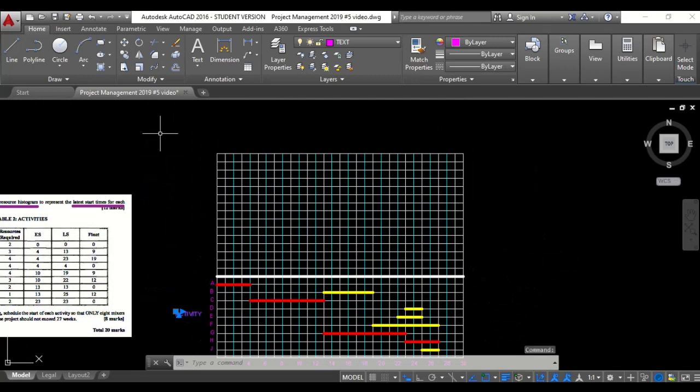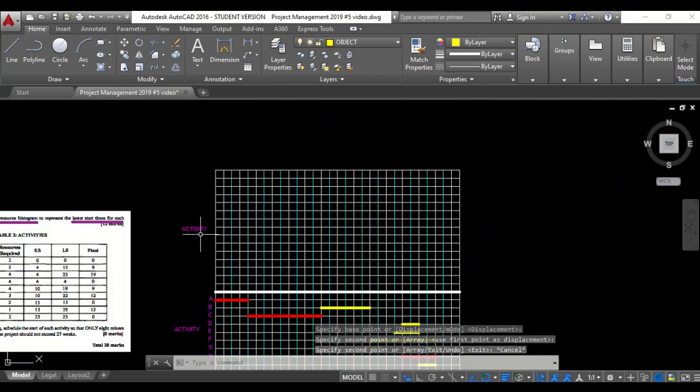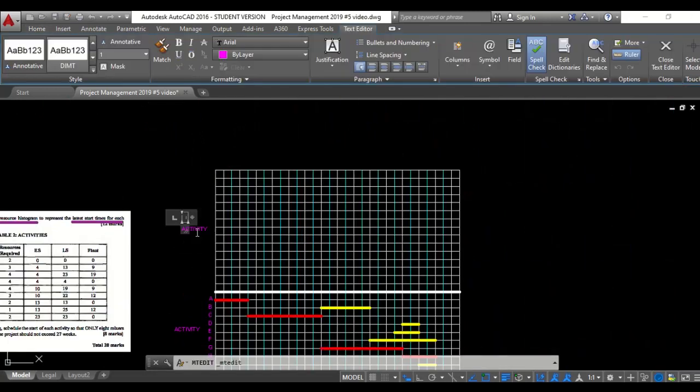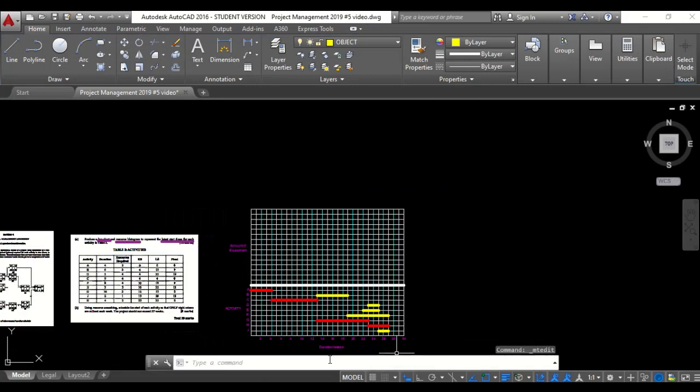So now for our histogram, I'm going to be copying this, putting it up here. What will be represented on our y-axis, so our resource histogram, is the number of equipment, or should I put amount of equipment? And the x will still be duration, so that is why I am able to put it one above the other.